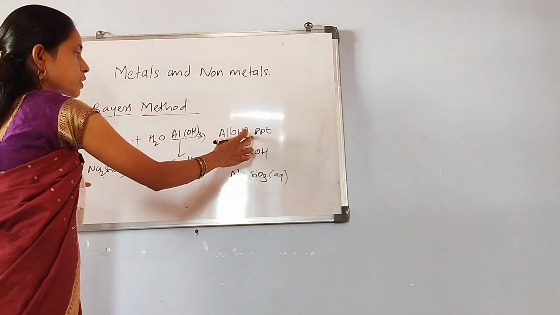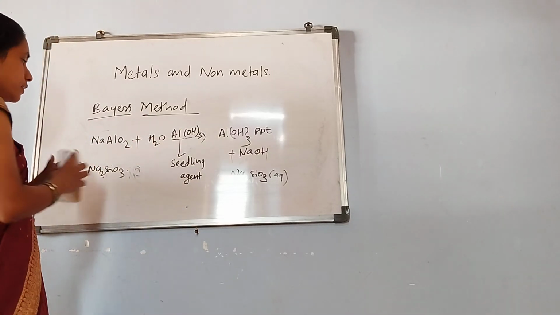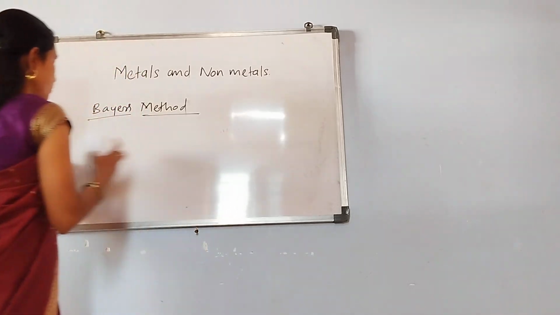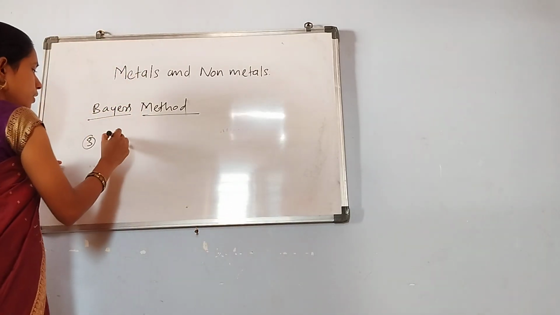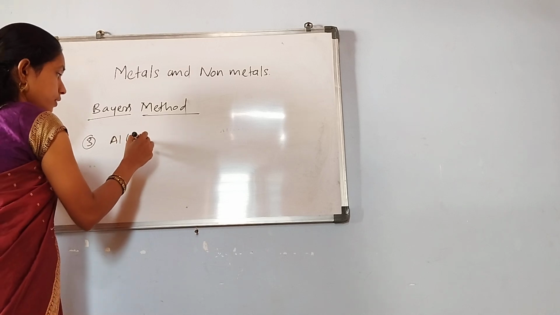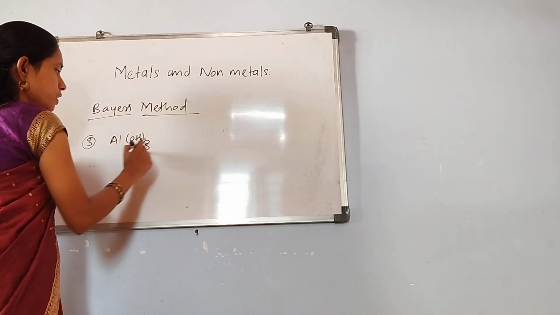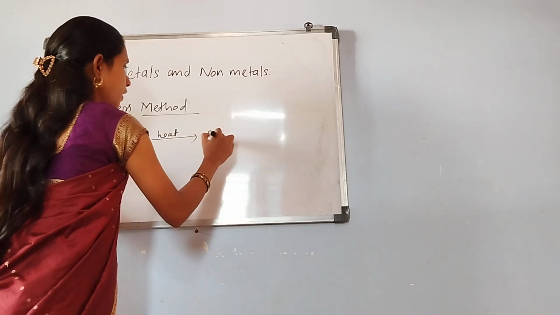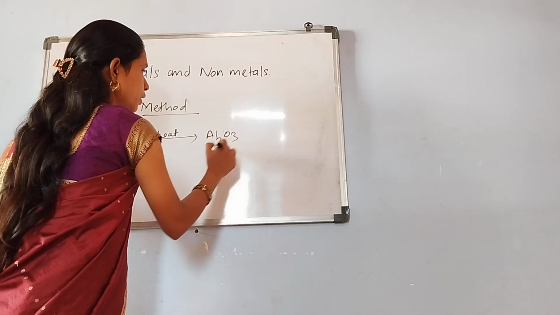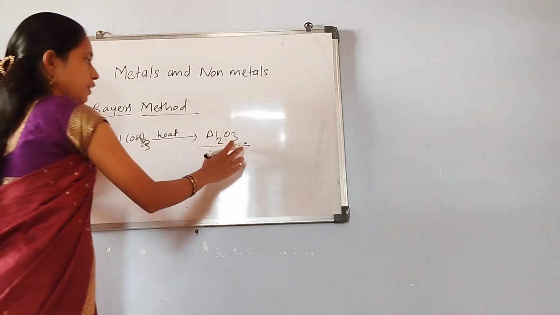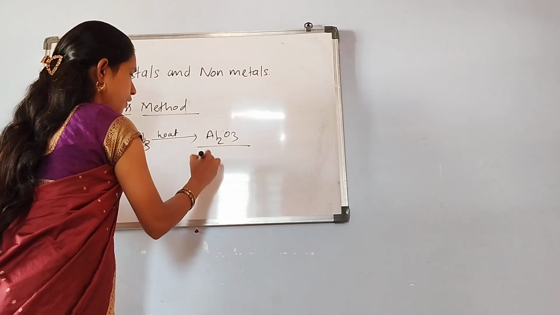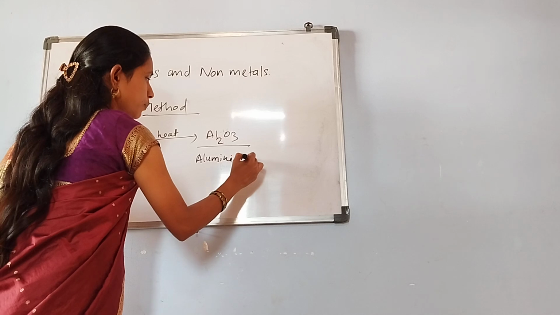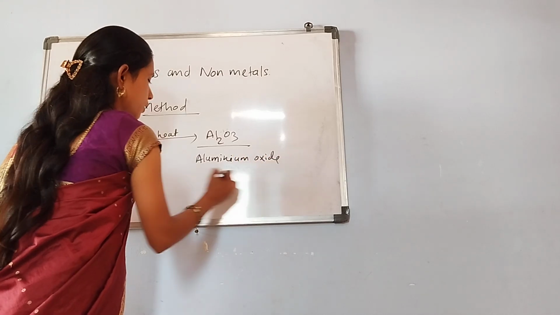Now only one compound is there, the precipitate, and we heat it again. This is the second step, and now we are doing the third step. In the third step, we heat this Al(OH)3. Then which compound are we getting? Al2O3. So we get aluminium oxide, or we can call it alumina.